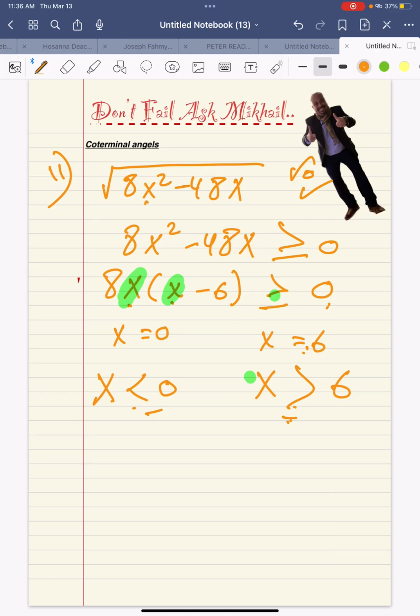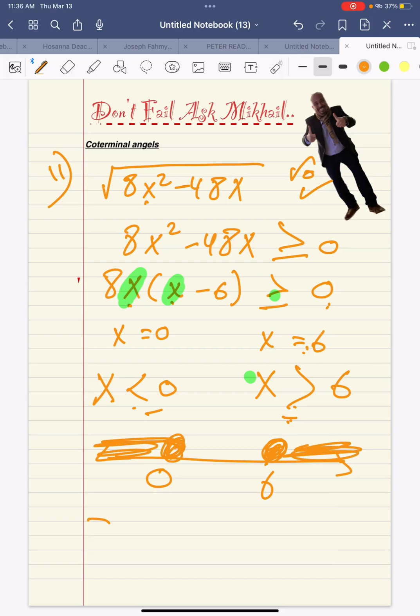All right? So number line, 0, 6, greater than, less than. So that will be negative infinity to 0, 6 to infinity, bracket on 6 and 0, because it can equal, no problem. Union this.